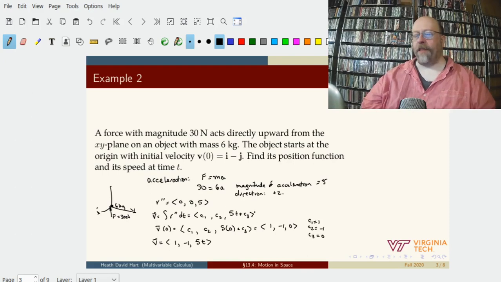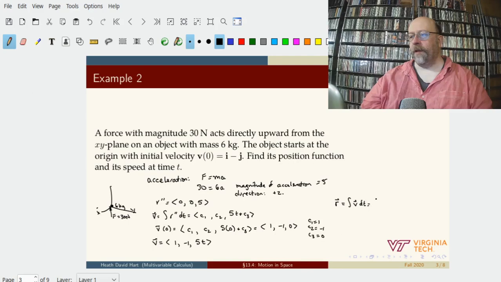So now we have to find the position function. So the position function is the integral of the velocity function, which is t plus a constant, negative t plus a constant, and 5 halves t squared plus a constant.